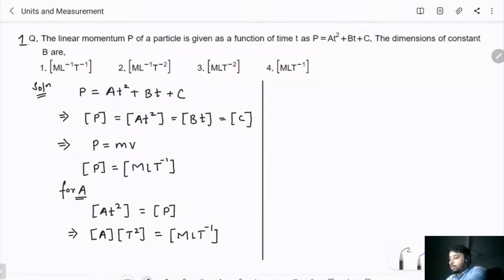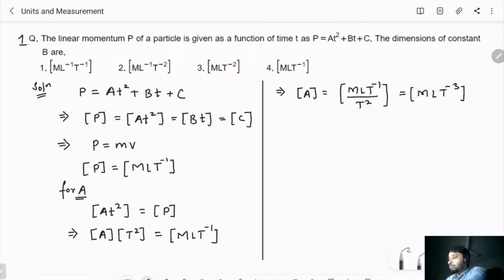From here, upon simplification, the dimensional formula for A will be M L T to the power minus 1 divided by T square, and that becomes M L T to the power minus 3.